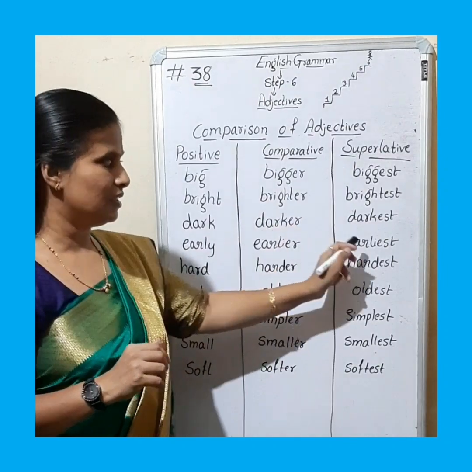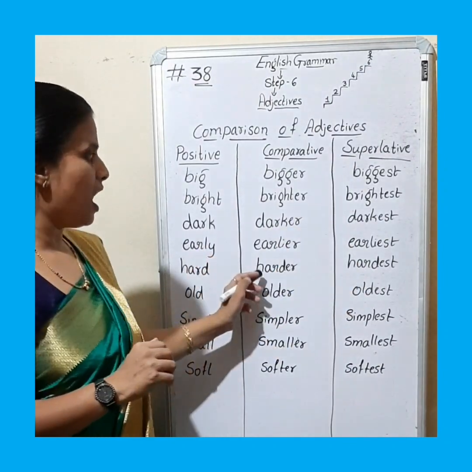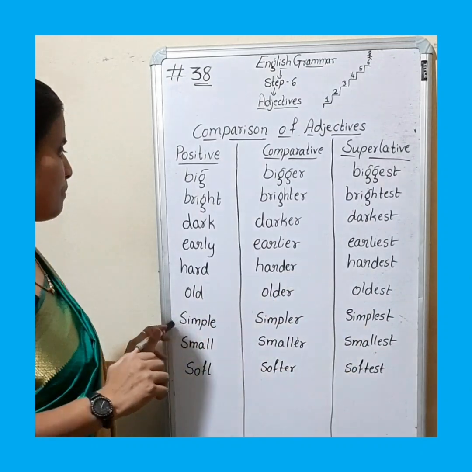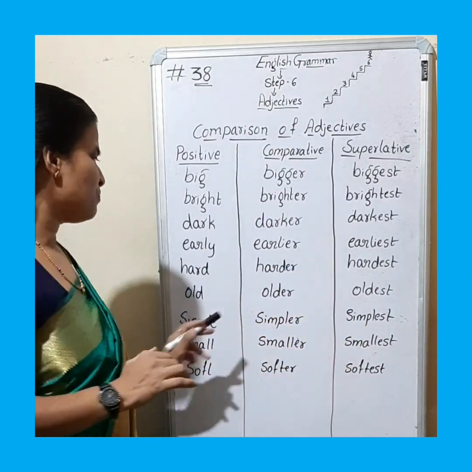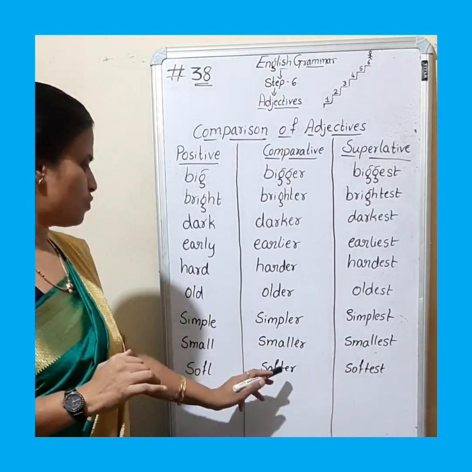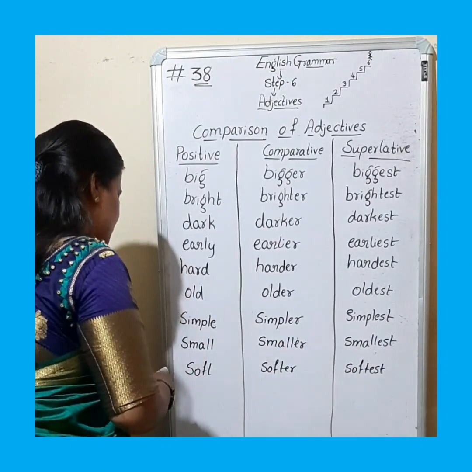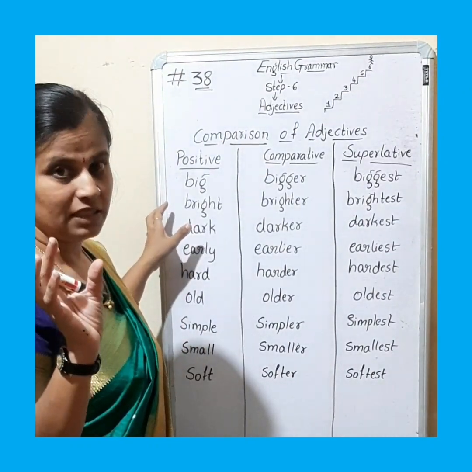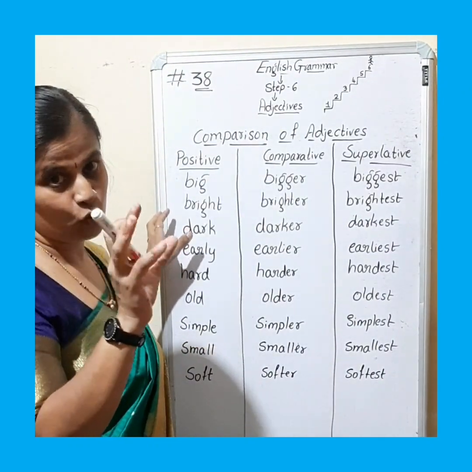Early, earlier, earliest. Hard, harder, hardest. Old, older, oldest. Simple, simpler, simplest. Small, smaller, smallest. Soft, softer, softest. So all these we can have a look over. They are short adjectives with one or two syllables.